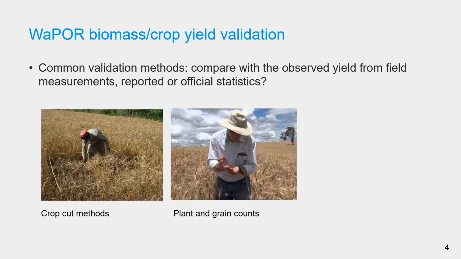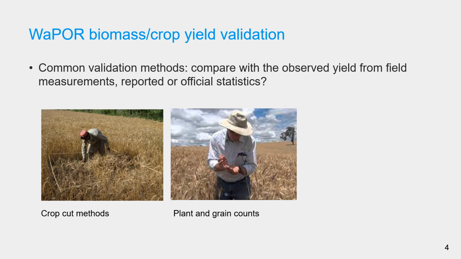The other method is plant counts and grain counts. This involves measuring the number of heads or pods per square meter and the number of grains per head or pod, and multiplying them by a grain weight factor. This method requires knowing the average grain weight for different crops.